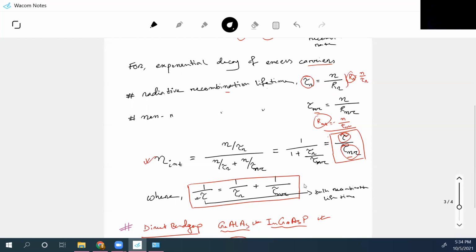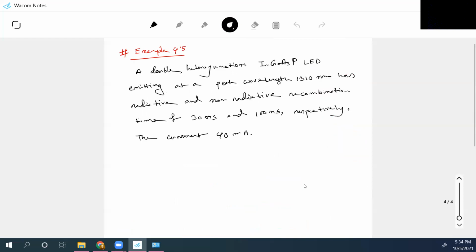If we rewrite it, 1 by tau is given there, so tau will be tau r times tau nr by tau r plus tau nr. We know tau r is 30 nanosecond and tau nr is 100 nanosecond. So 30 into 100 over 30 plus 100, all in nanoseconds, which is 23.1 nanosecond. That is the recombination lifetime.